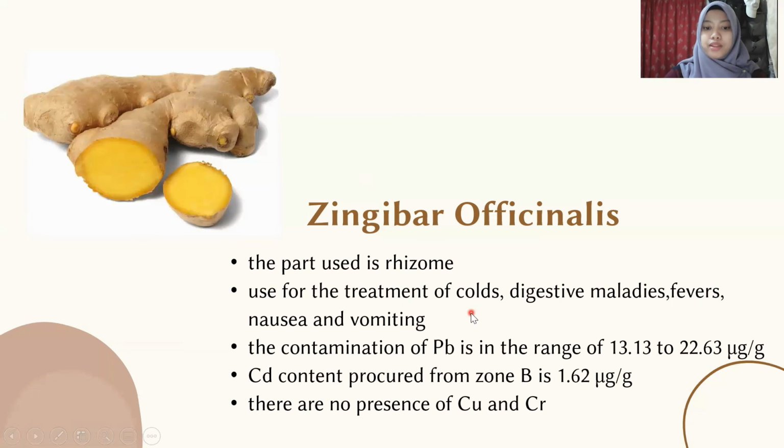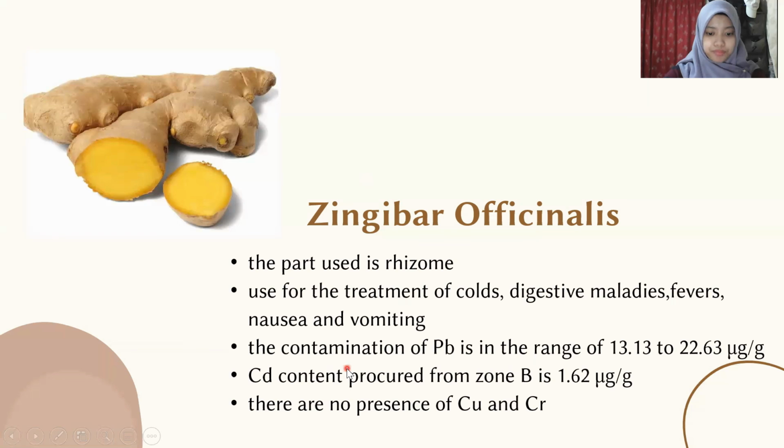The toxic heavy metals like the Pb and the Cd metal were detected when tested by using atomic absorption spectroscopy, and it was found that the contamination for the Pb metal present in these herbal drugs is in the range of 13.13 to 22.63 microgram per gram, as I mentioned before in the results part.